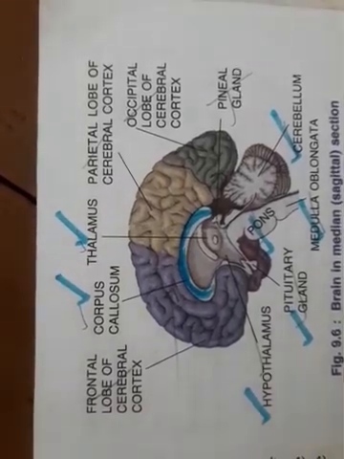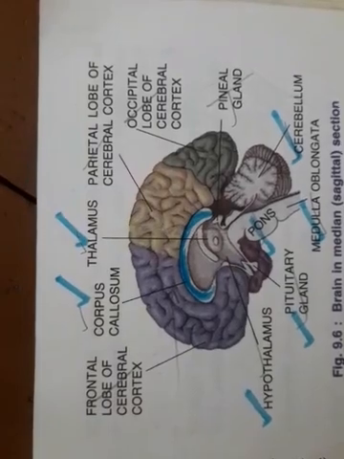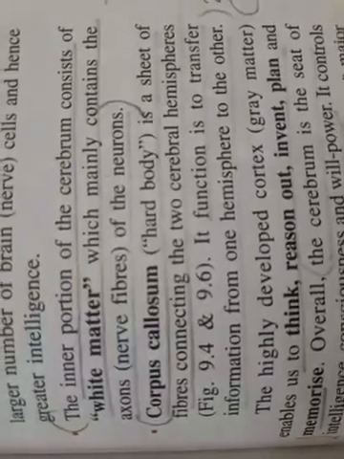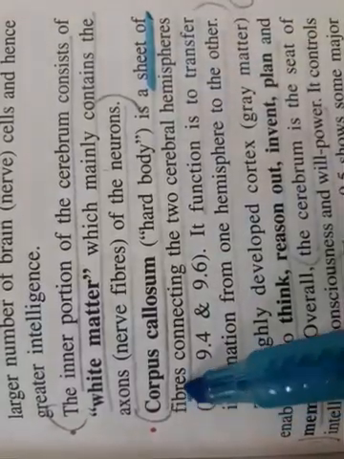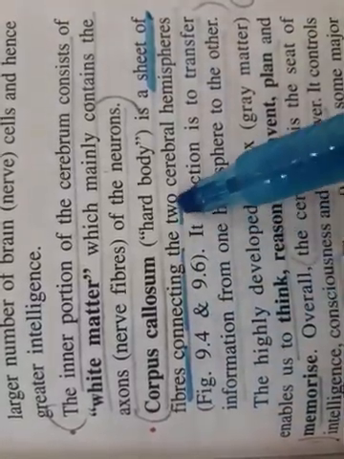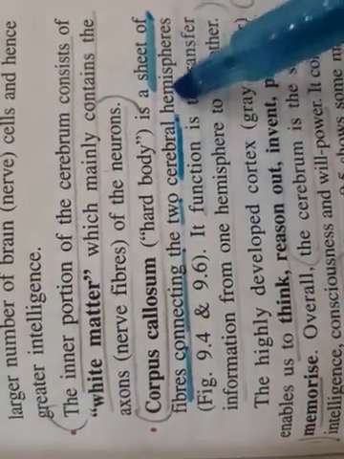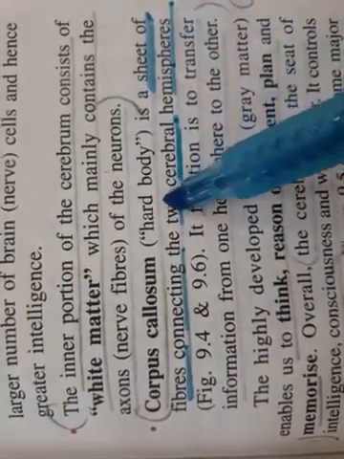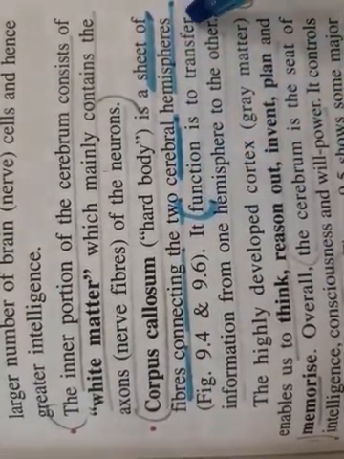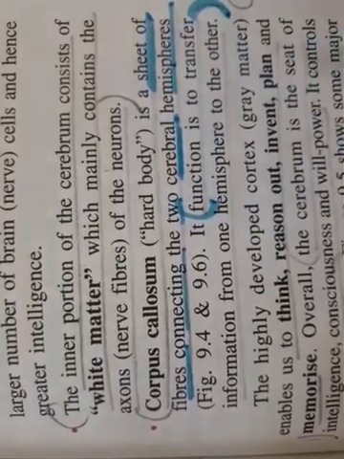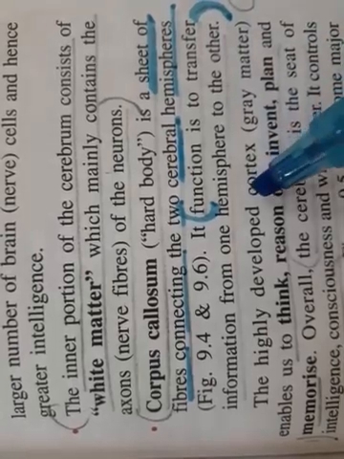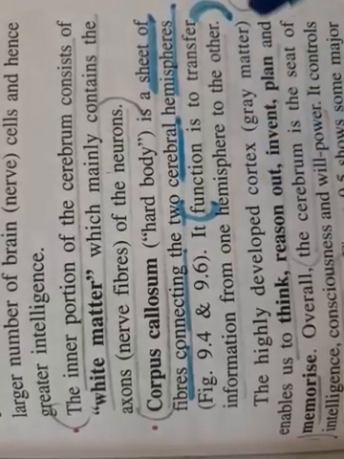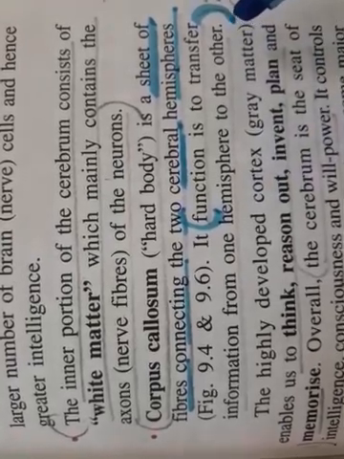We will mark it. Just look here. A sheet of fibers which connects the two cerebral hemispheres, and function is to transfer the information from one hemisphere to the other. That is one hemisphere of cerebrum to the other. Is it clear till here? We'll continue.